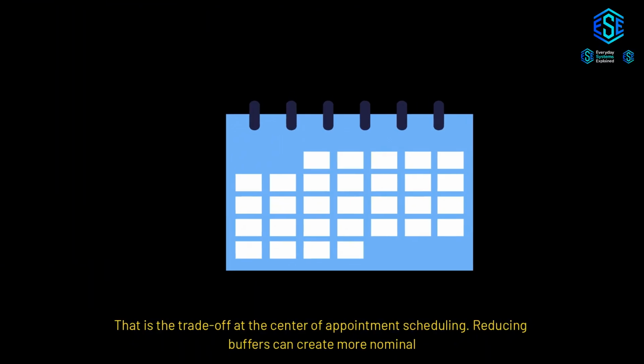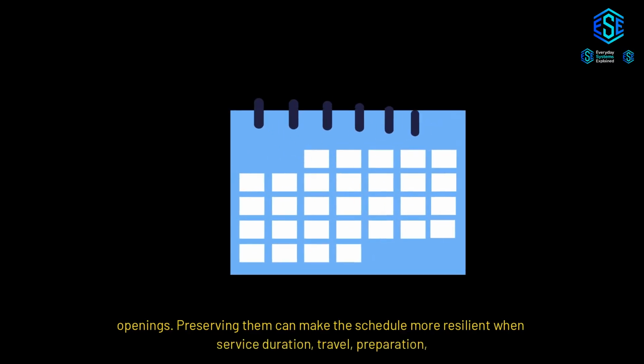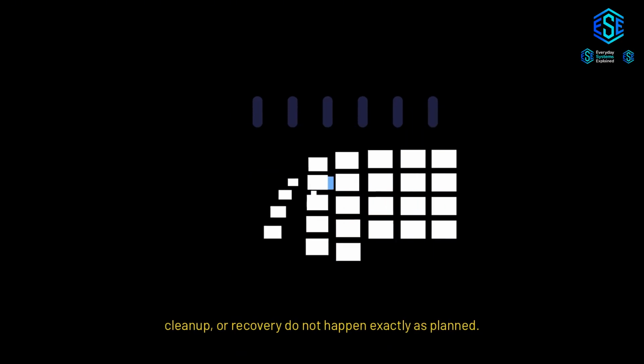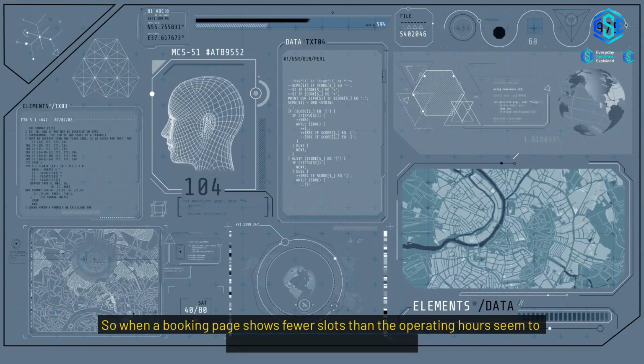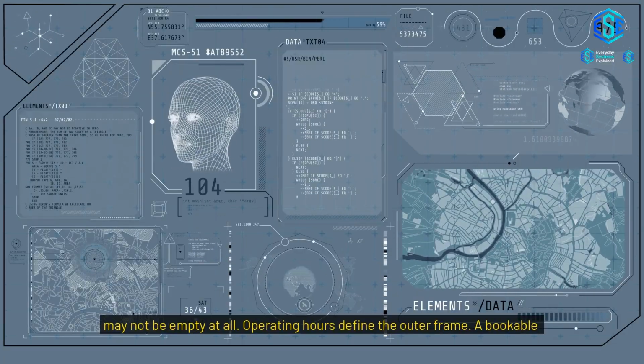Reducing buffers can create more nominal openings. Preserving them can make the schedule more resilient when service duration, travel, preparation, cleanup, or recovery do not happen exactly as planned. So when a booking page shows fewer slots than the operating hours seem to allow, the empty-looking spaces may not be empty at all.